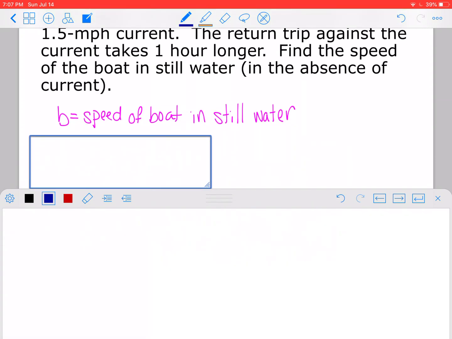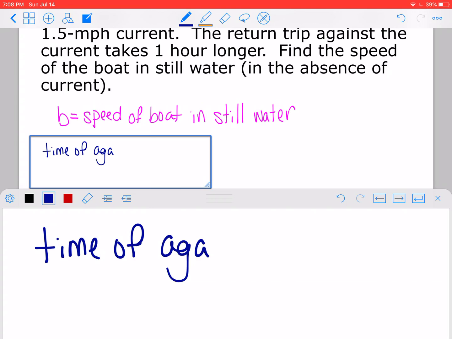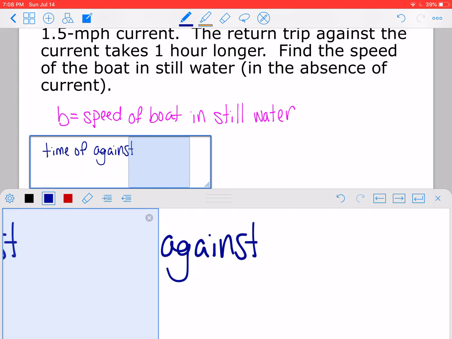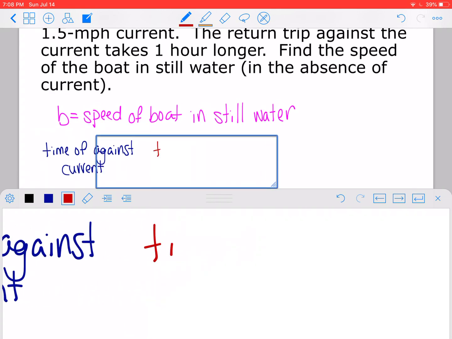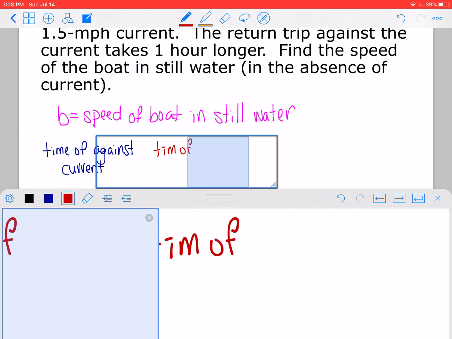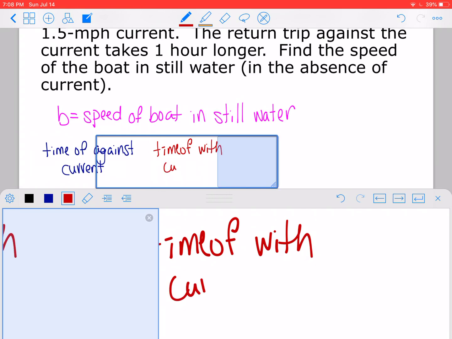So what we're going to do is take the time of the trip against the current and the time of the trip with the current.